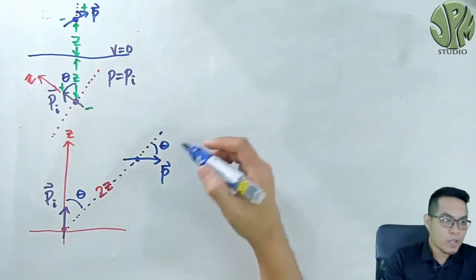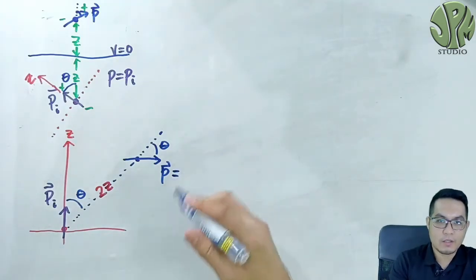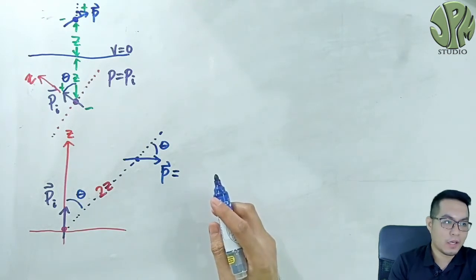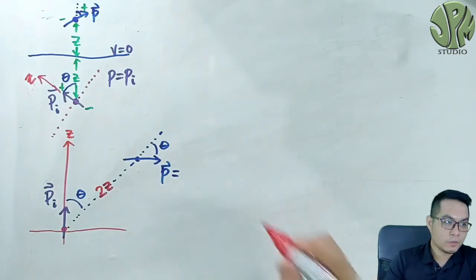So in this case, we can always write the dipole as a function of theta and r.